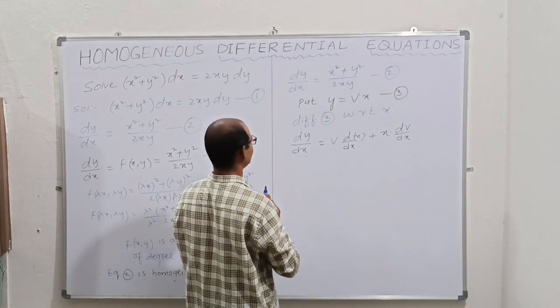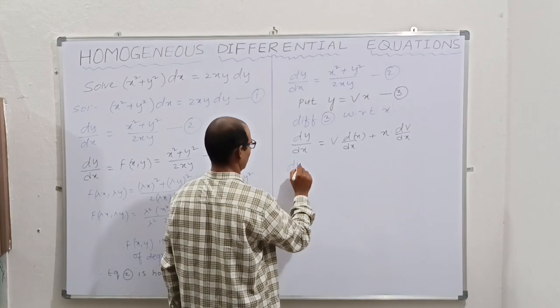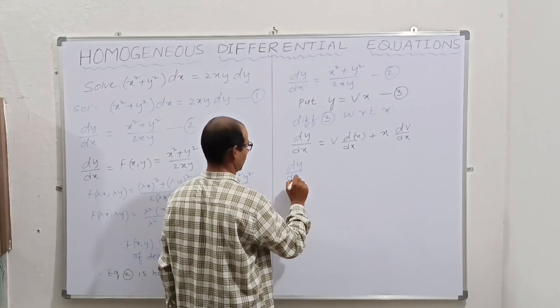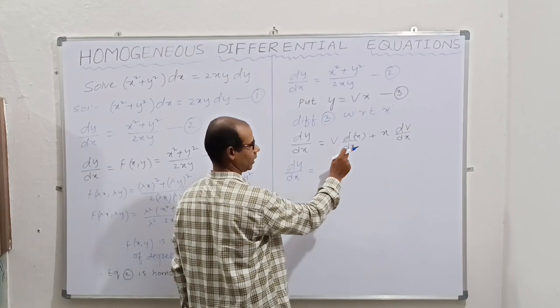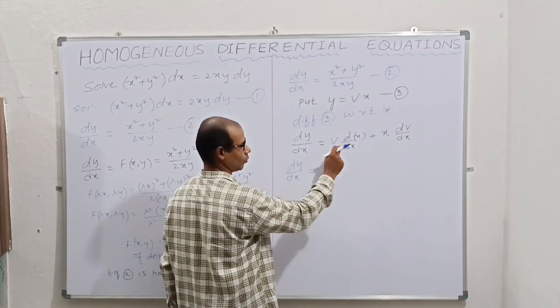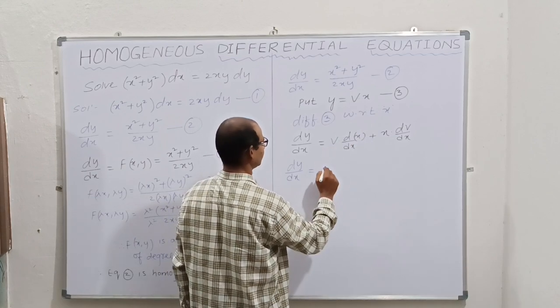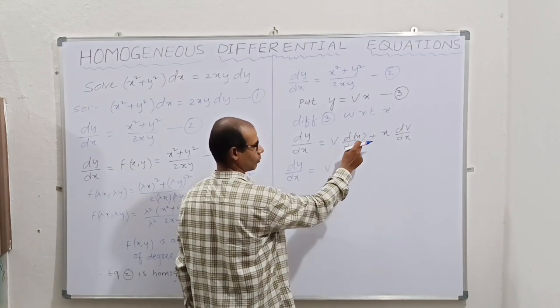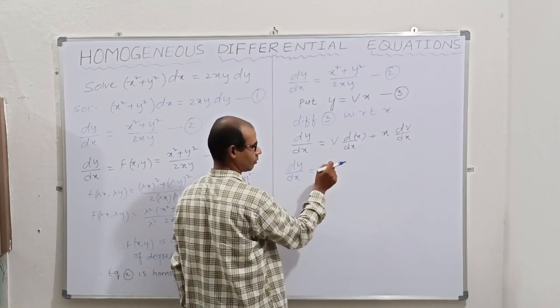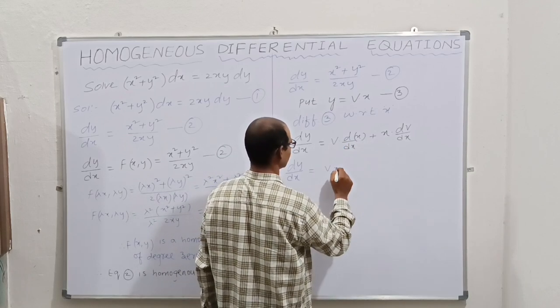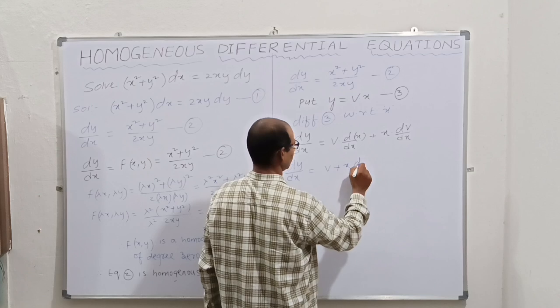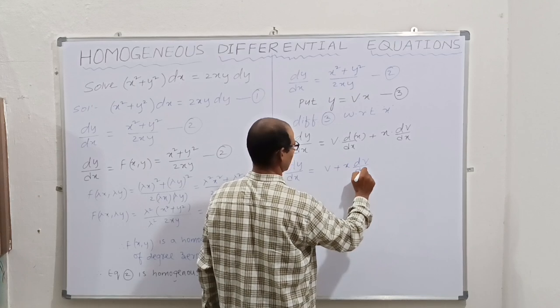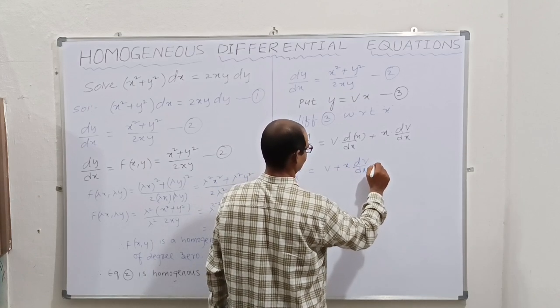So therefore dy upon dx is equal to v into d by dx of x, which is 1. So v into 1 is v, plus x into dv upon dx. So this is equation number 4.